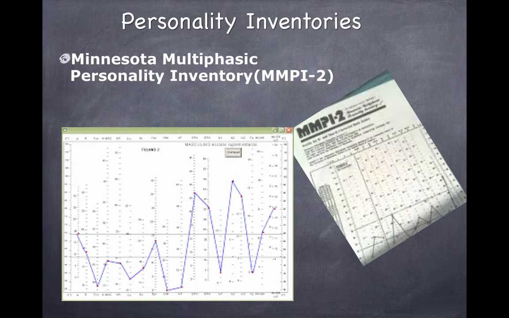It used over 1,000 questions about attitudes, feelings, and symptoms, and retained 550 items that differentiate psychiatric patients from those considered normal. The second edition added items on alcoholism, drug abuse, suicidal tendency, eating disorders, and type A behavior. And so really it's an inventory of Q&A, and from this series of questions you would pull out what might be considered a personality profile.